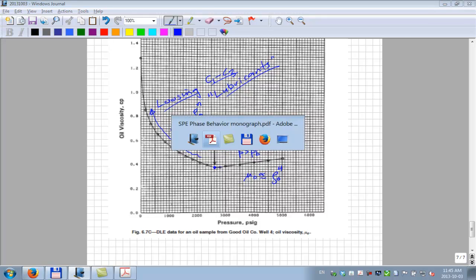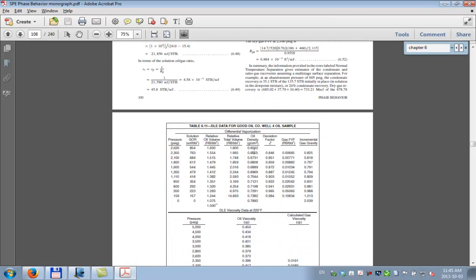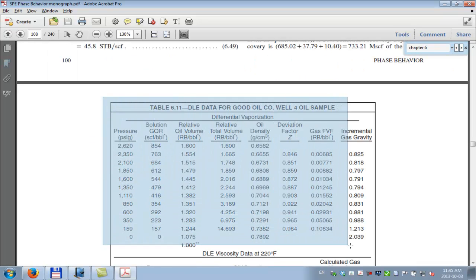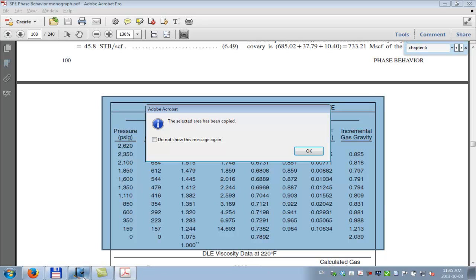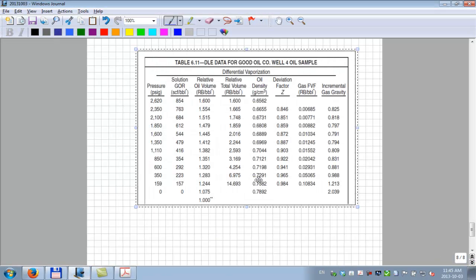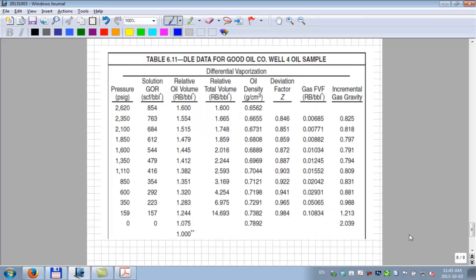Okay, so then let's see if we can find some other stuff. There's the main table. Fetch that in. Okay, so this is the table here. We've got our pressure, pretty clear.